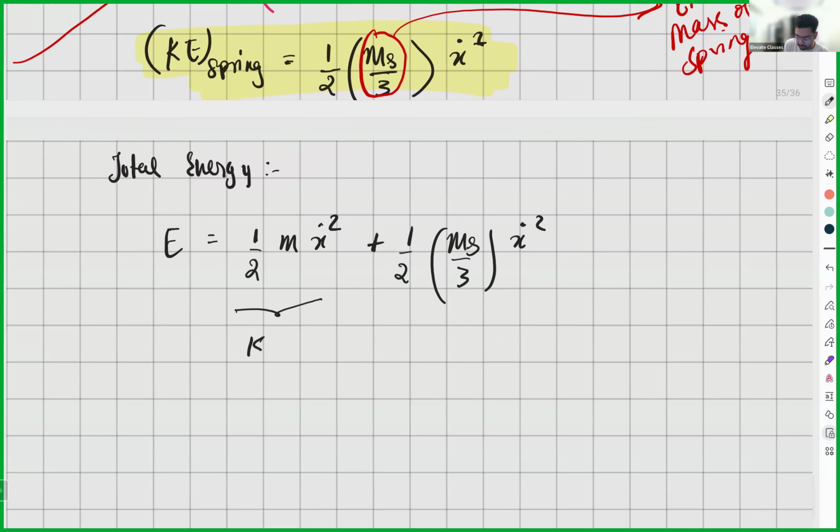So this is the kinetic energy of the block, this is the kinetic energy of the spring, and there is a single potential energy in the system, that is the potential energy of the configuration of the system. So this is half kx square only. It won't change with the mass of the spring, of course.